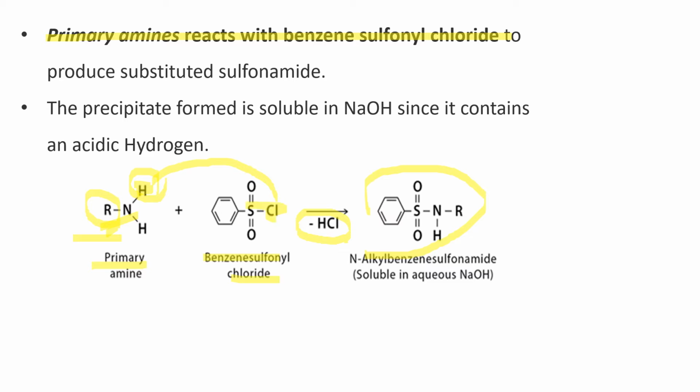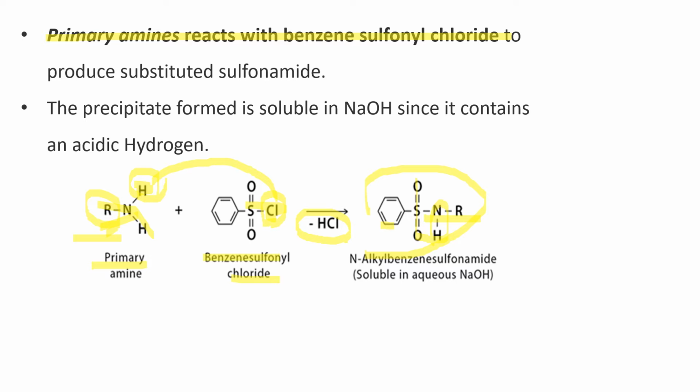Now what is remaining here is RNH, right? This RNH will be substituted for this chloride place, so that is why it is called N-alkyl benzene sulfonamide. Now because it has an amide group, it is called sulfonamide.